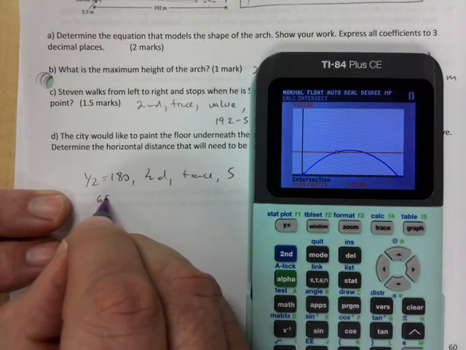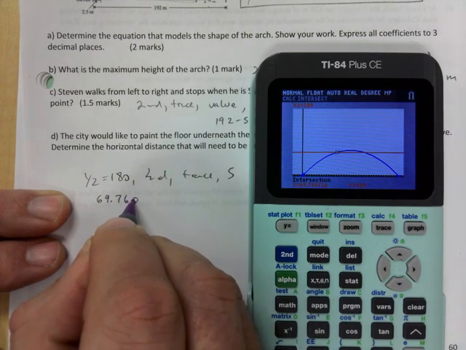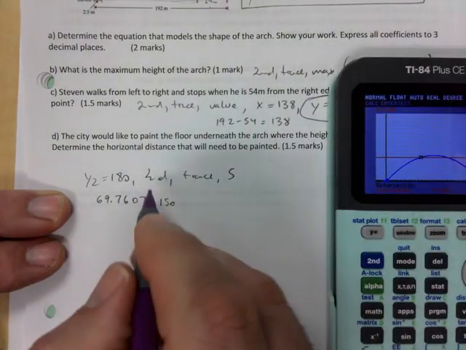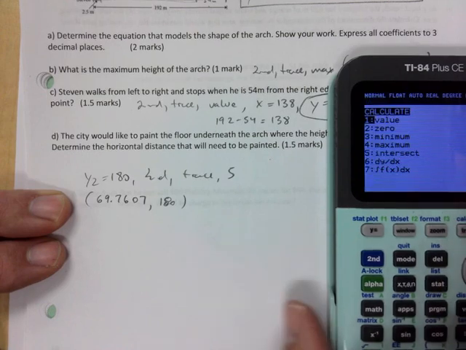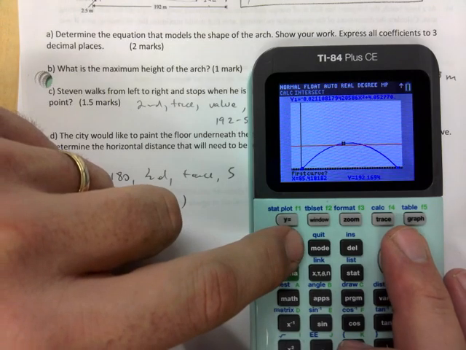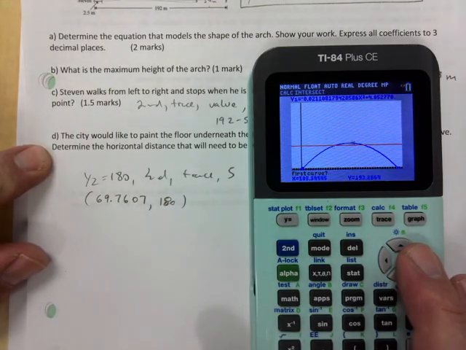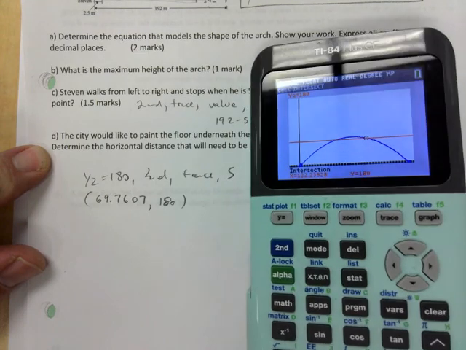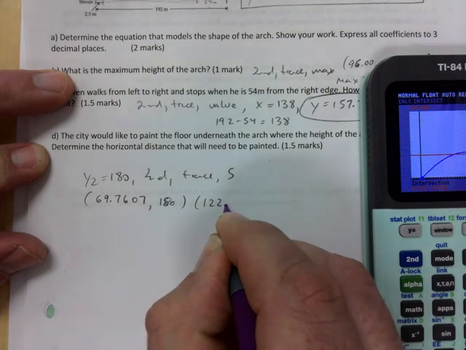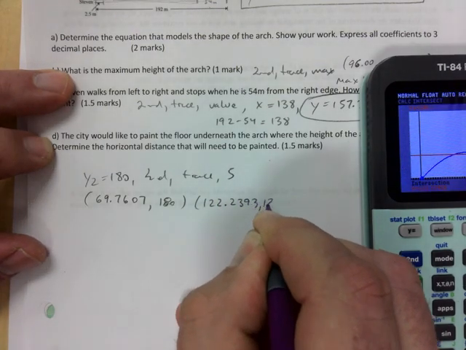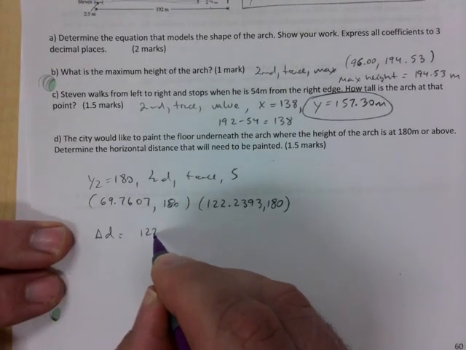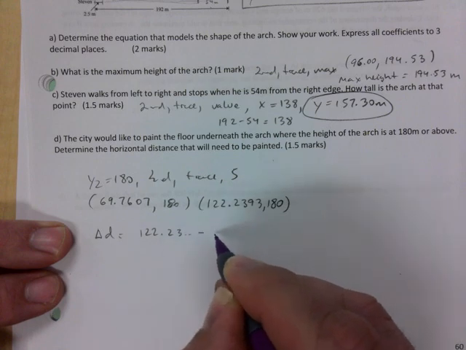So the first one is 69.76, 180, sorry. And that second intersection is 122.24, 122.2393, 180. Okay, so I'm going to go delta distance is 122.23 and keeps going.